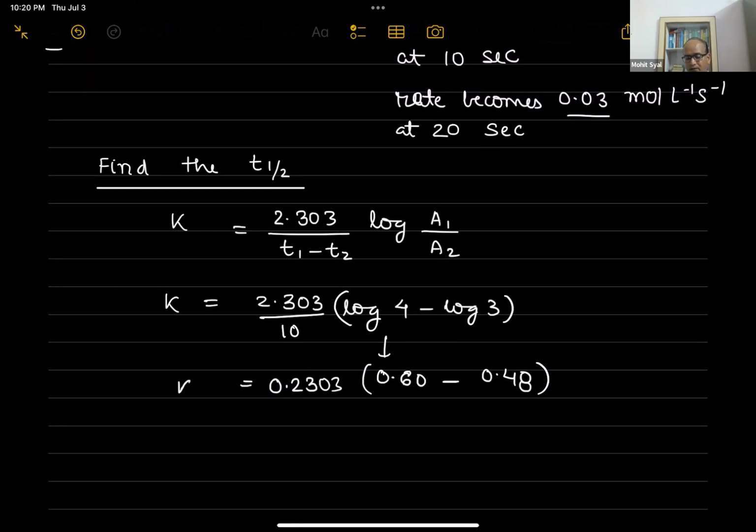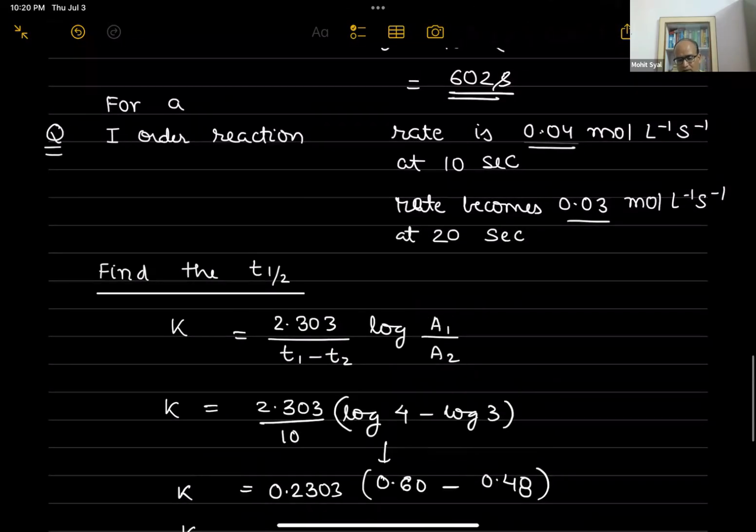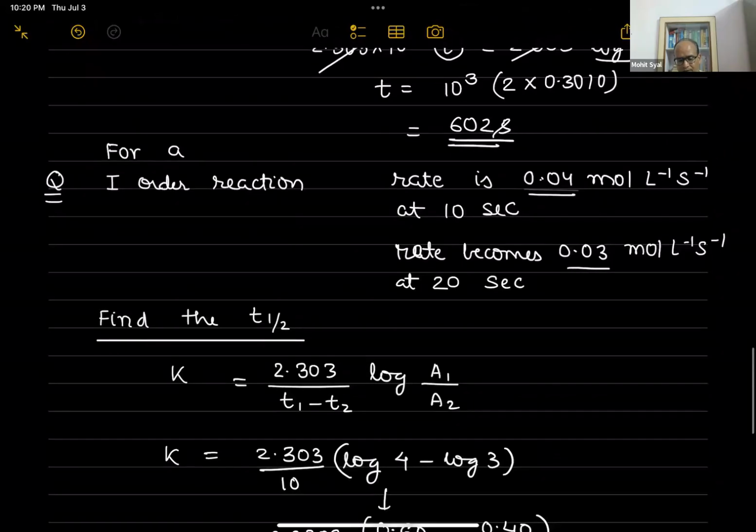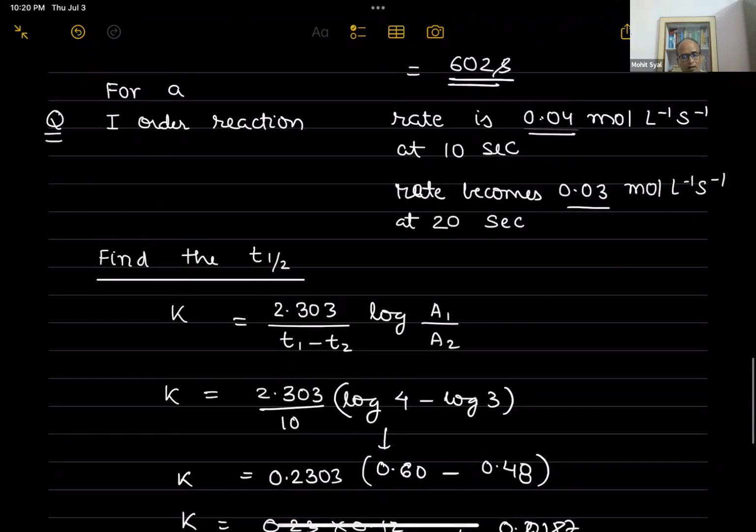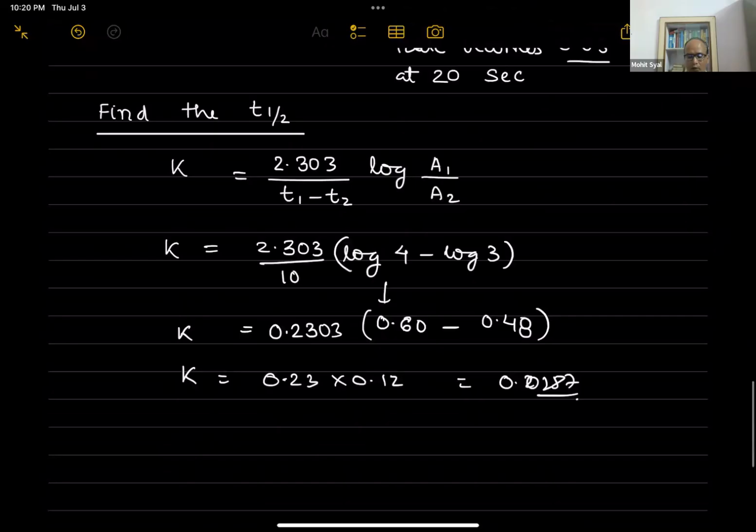Ibrahim, how much did you get for the value of K? 0.0287 per second. Right, this K. And now what you are going to do is figure out T half, which is 0.0693 by K. So, 0.0693 by K. Is it clear, Jyotita?